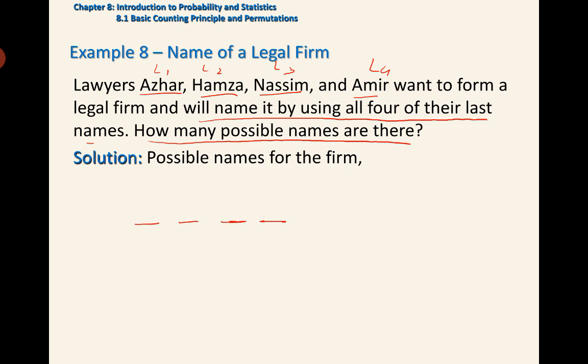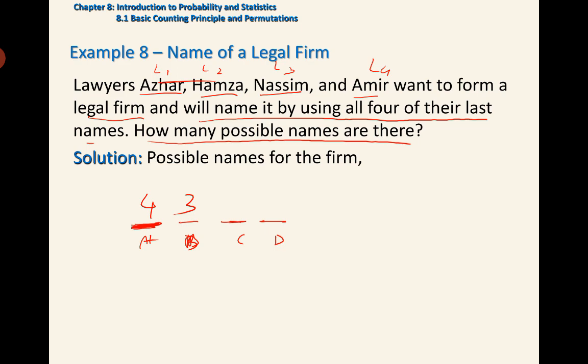They have to give a name for this legal firm. First position, you can give A, B, C, D. The first word can be filled by any of the 4 names. If you use one name here, there are remaining 3 names. So the second position can be filled by the remaining 3 names. If you use another word here, there will be only 2 names.